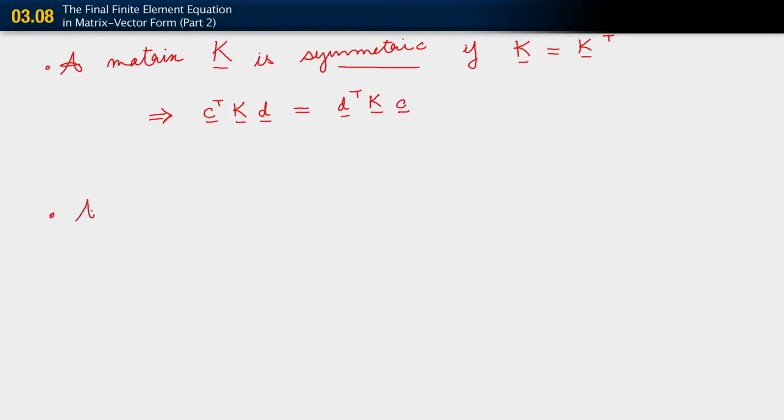Now a matrix is positive definite if, and once again let's use the same matrix K. First of all we need to pay attention to the dimensions of K here.